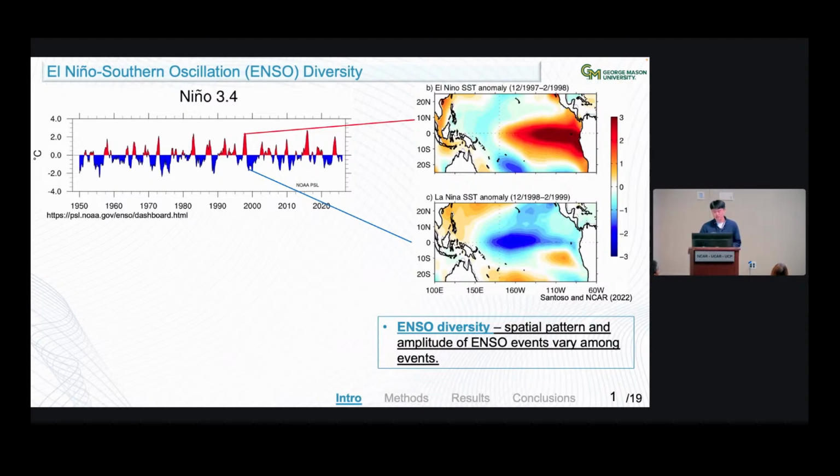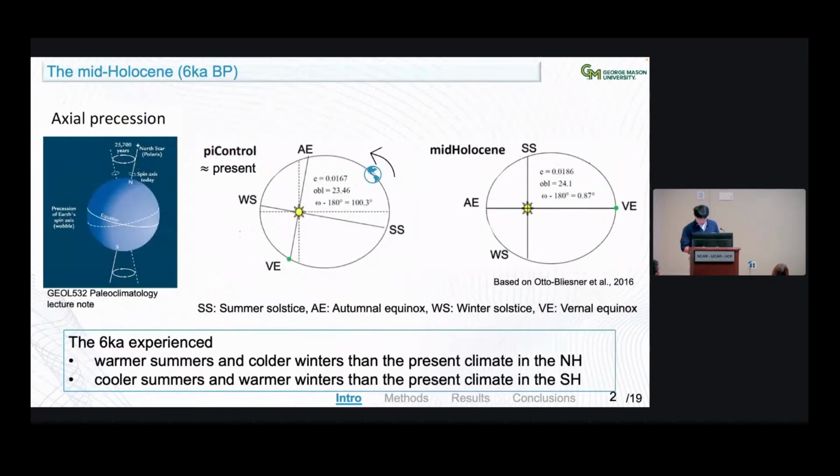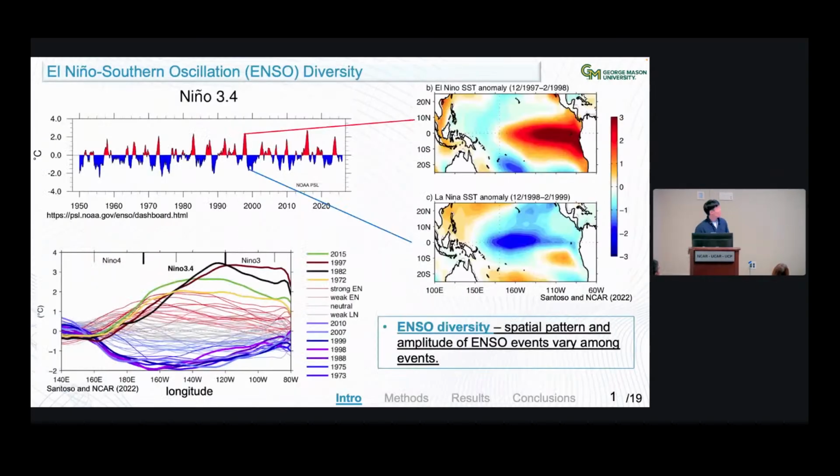These changes in both spatial pattern and amplitude can also be seen from this figure, which shows historical ENSO events in terms of their longitudinal distribution of temperature anomalies. We have strong El Niños, Central Pacific El Niños, and La Niña events. They have really different spatial patterns. Therefore, I'd like to point out the importance of ENSO diversity, which means both spatial pattern and amplitude of ENSO events vary among events.